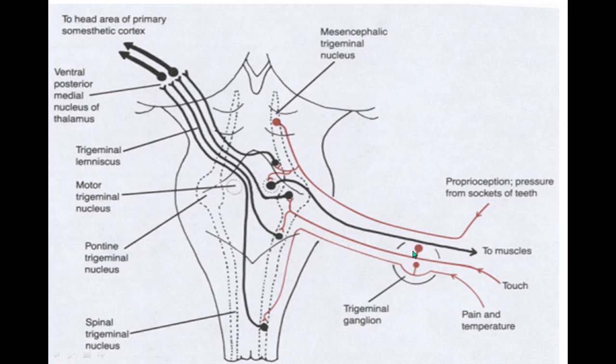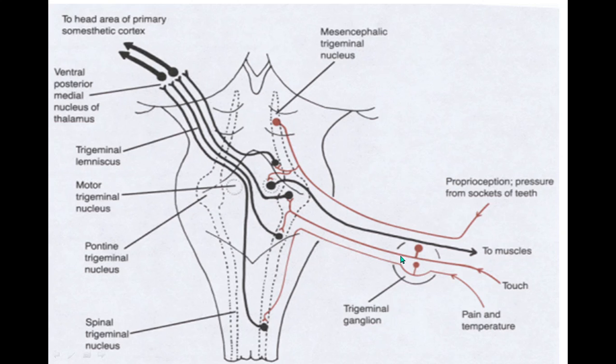The peripheral processes of these neurons run through the three divisions, the maxillary, ophthalmic, and mandibular. So those are the peripheral branches or processes of these pseudo-unipolar neurons. They run through the three different branches, that is ophthalmic, maxillary, and mandibular.